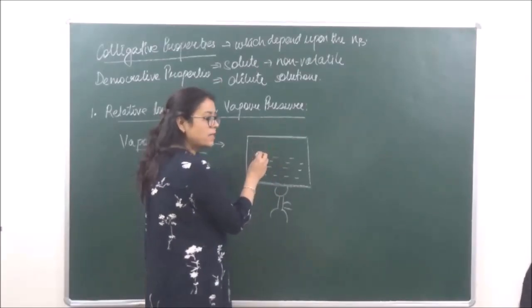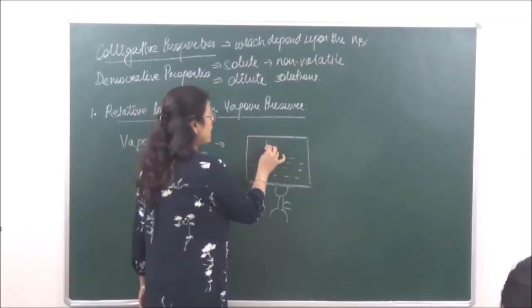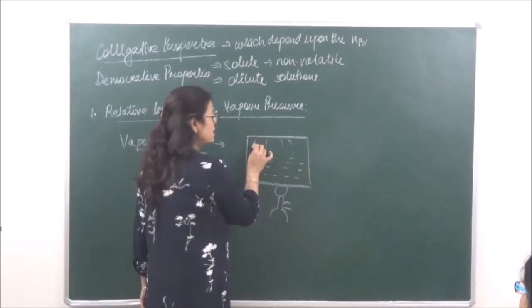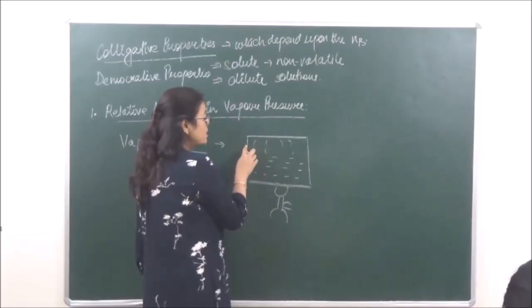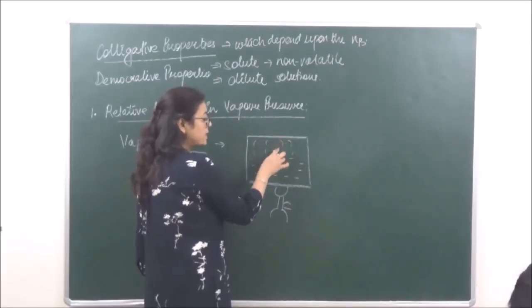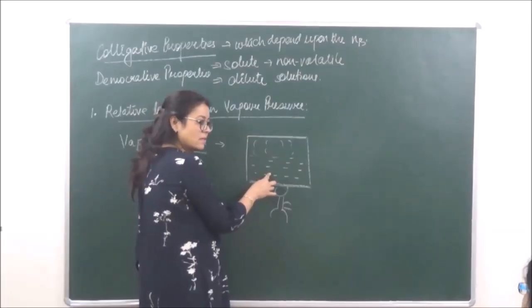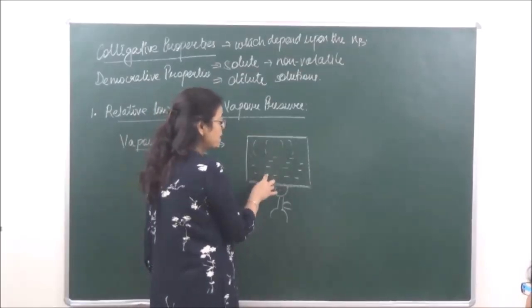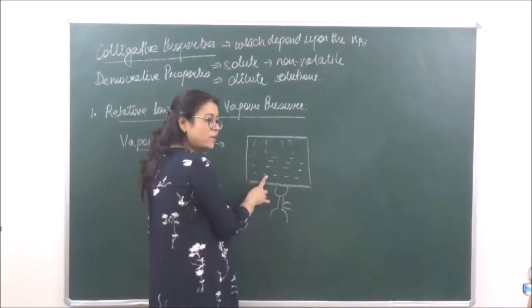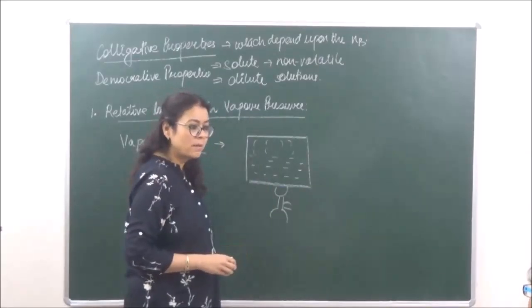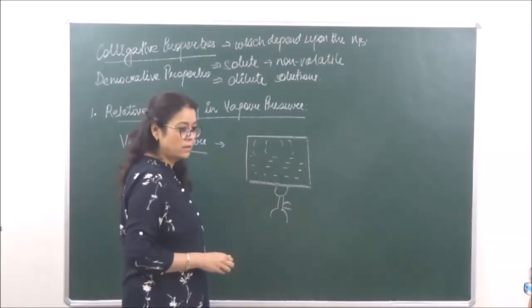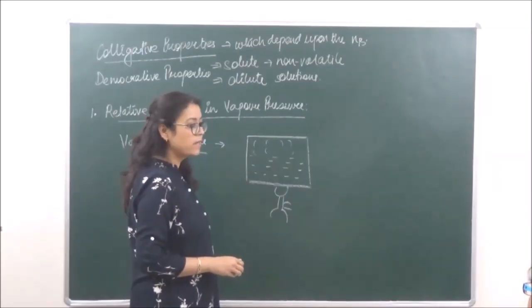It will start converting into vapors. The vapors can be seen above the liquid surface, right? These vapors touch the walls of the container and condense back, isn't it? When they condense back, they are converted back into water. So there are 2 phenomena taking place over here.